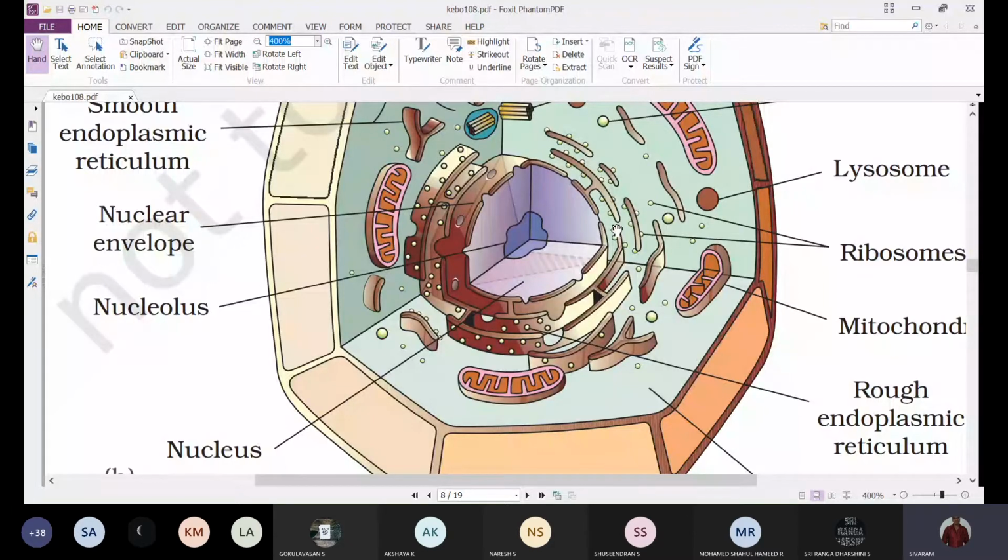Small minute pores are developed. These are called nuclear pores. These nuclear pores will act as passages for the inward and outward movement of components from nucleus into the cytoplasm and from cytoplasm into the nucleus.